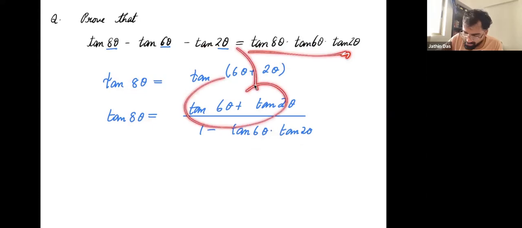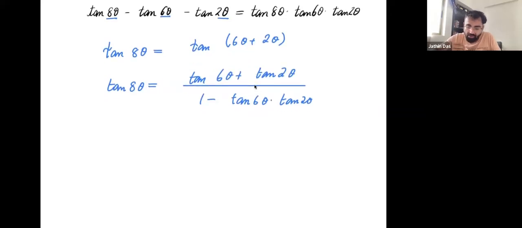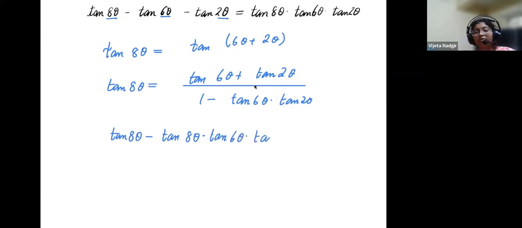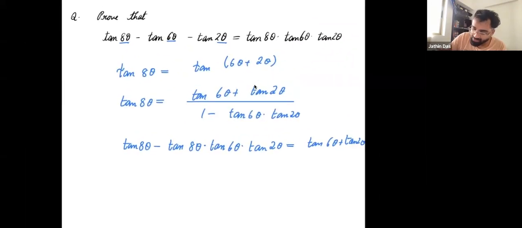When you multiply, you will get tan 8 theta minus tan 8 theta into tan 6 theta into tan 2 theta is equal to tan 6 theta plus tan 2 theta. Now you just have to rearrange it, and I think you know how to get it. Sometimes you'll have to think like that.